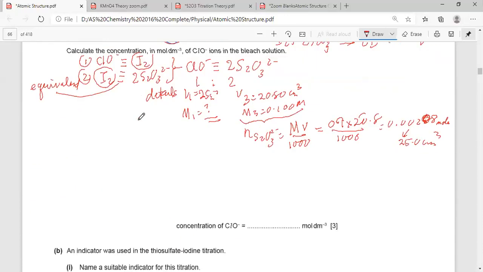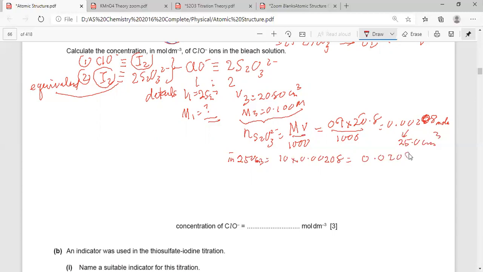So in 250 cm³ it equals 10 times 0.00. Very important, this dilution factor thing. It's equal to 0.0208 moles.